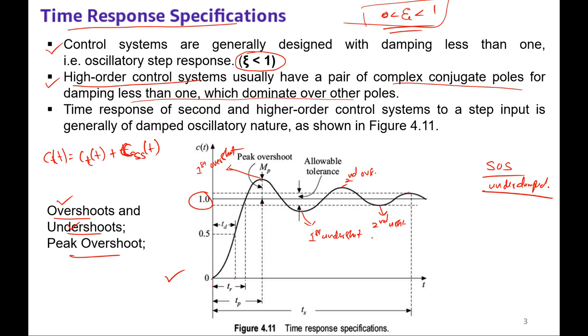The steady state is attained at time t equal to infinity. Before attaining the steady state, this part is the transient response c_t of t. After this it is c_ss of t, because at time t equal to infinity the system achieves the final steady state value.